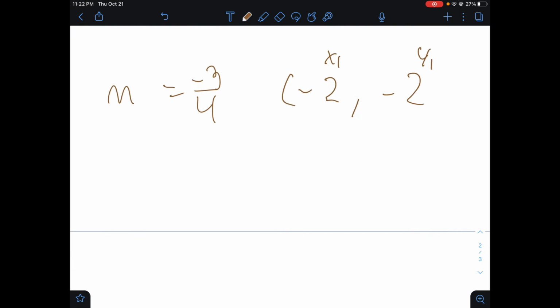After this, I'm gonna get y minus negative 2 equal to negative 3 over 4, and in parentheses we're gonna put x minus 2.